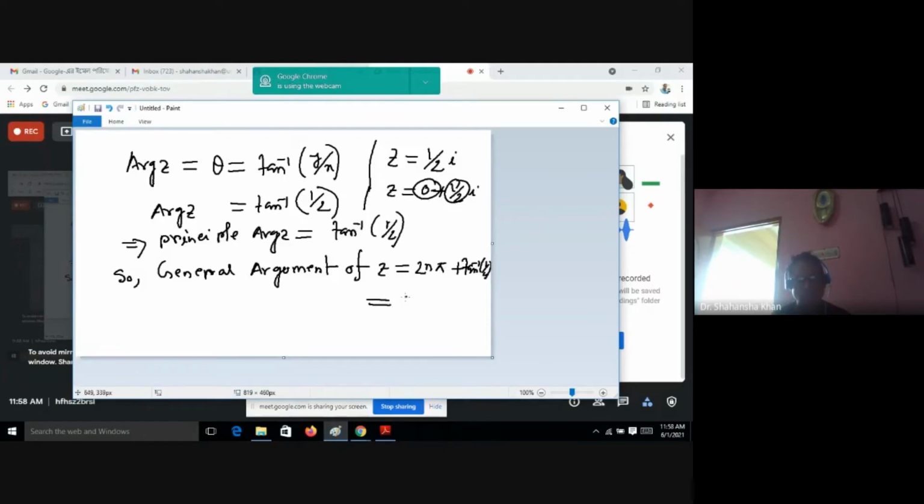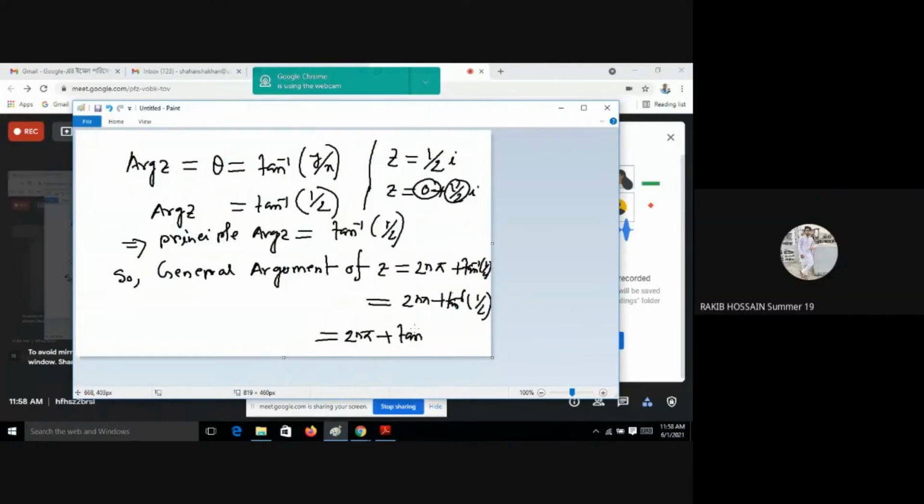What is the value of tan inverse half by using a calculator? That is the value. You can use this form, otherwise you can write the calculated value. Everybody clear now?